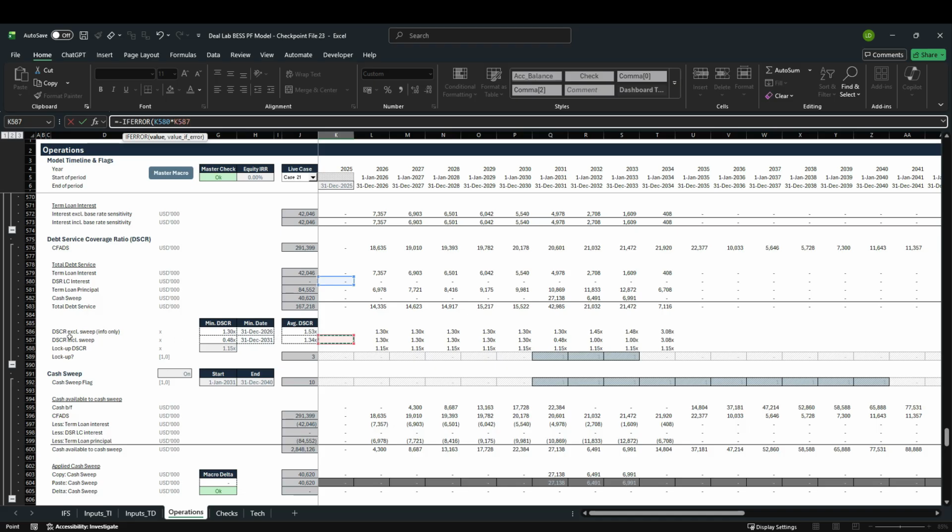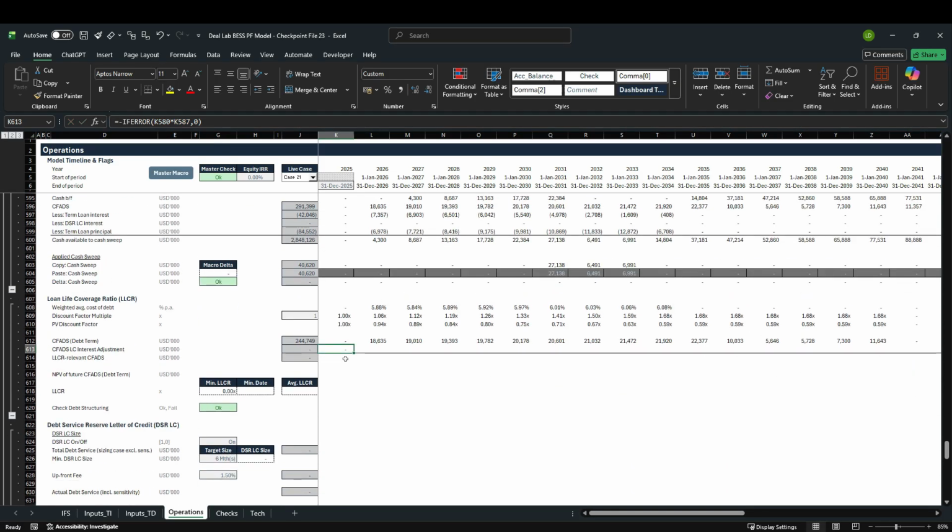So our DSCR essentially reflects the target ratio at which we have sculpted our debt. So not only do we have to consider our DSR LC interest, but we also have to adjust it for the actual target DSCR factor that we use for sculpting purposes. That's why we multiply by our actual DSCR output from the live model. Comma 0 and hit enter.